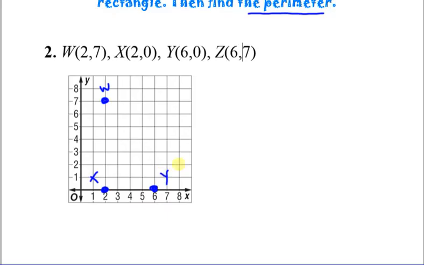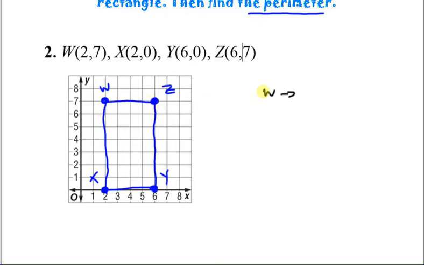That's going to be Y. And then we have (6, 7). And that's going to be Z. We're going to connect the points with much straighter lines than me, and then find the distance between each of the points.